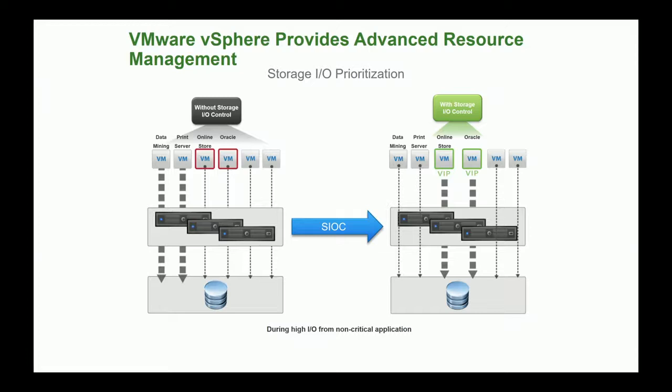If you don't use any kind of quality of service technology, then other VMs are going to suffer. So VMware has the ability to control that and set priorities for VMs, and even if you don't set priorities, to prevent two VMs from monopolizing your storage access.